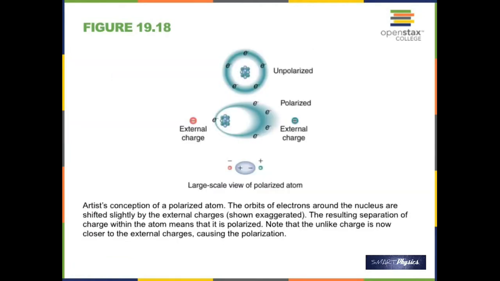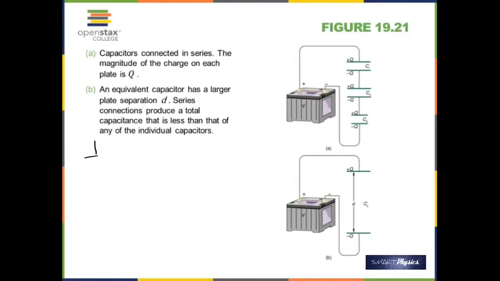And when you look at this, all right, I'm not going to talk about that, but here you have 3 capacitors connected in series with each other. And if you compare these 2 diagrams, you see that this is like increasing the distance between the 2 plates, right? Look at this. And therefore the total capacitance decreases, and it's given by the sum of the reciprocals.